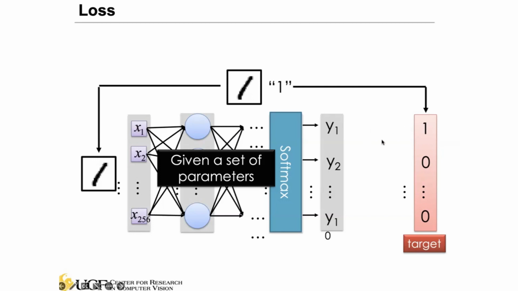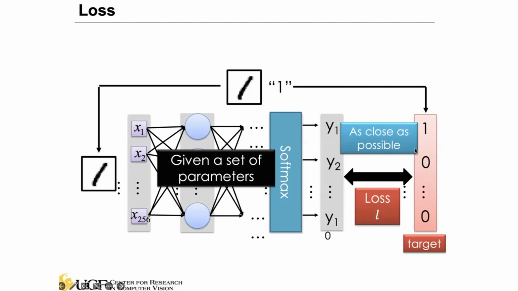But ultimately, the goal is that after we do some training and optimization, hopefully this network can predict an output vector that looks like this, like a perfect ground truth label. We call this one-hot encoding, by the way. So here, the goal is that we want to make the prediction as close as possible.